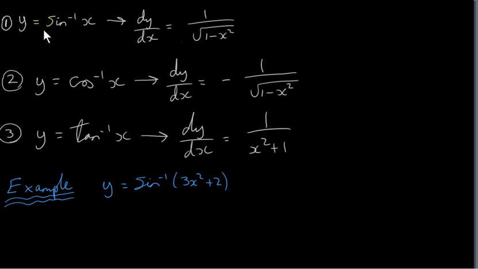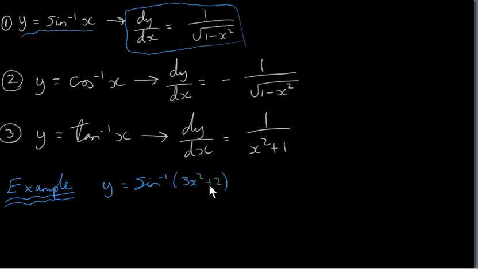So now we have the derivatives of three inverse trig functions, and you can look these up in tables. I just want to do one example. I want to get the derivative of y equals inverse sin of 3x squared plus 2. So we have to look up inverse sin of x. We see that the derivative is 1 over the square root of 1 minus x squared.